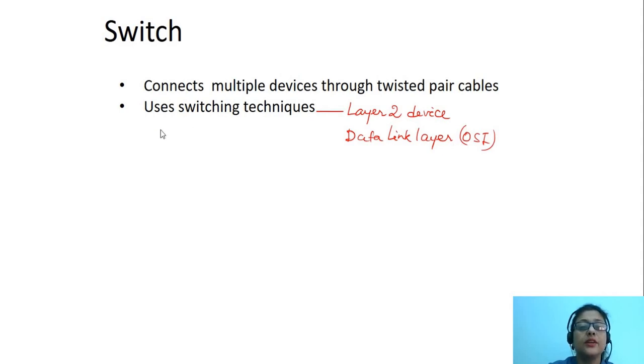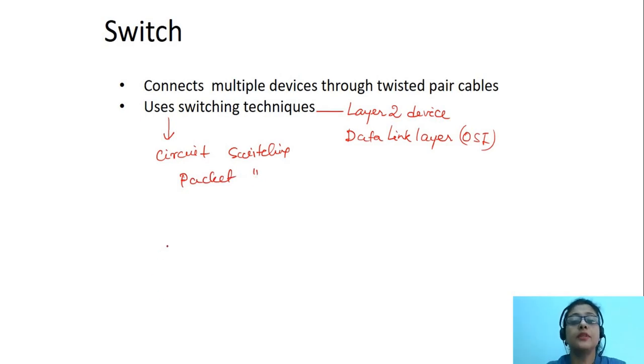So the switch can use multiple switching techniques. Now there are various switching techniques like circuit switching and packet switching. So with the help of these switching techniques, it can forward the data to its recipients.